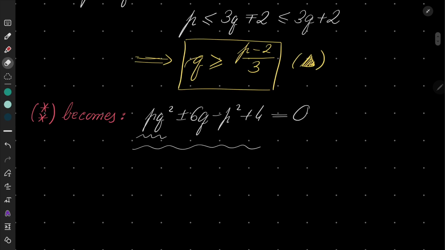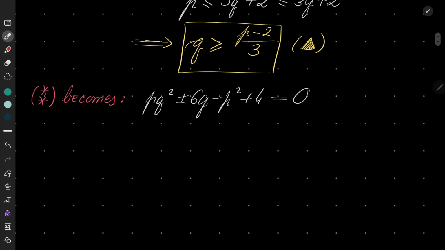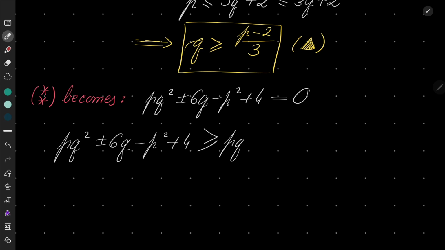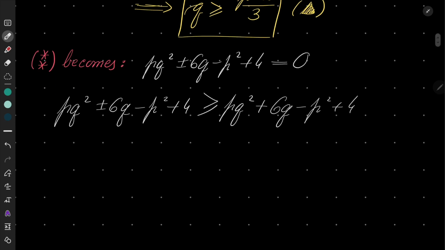So that's the idea, but we need to estimate the left-hand side. So let's take only the left-hand side and let's try to estimate it from below. Well, it's necessarily greater than or equal to pq squared plus or minus 6q, which is necessarily greater than or equal to 6q minus p squared plus 4.